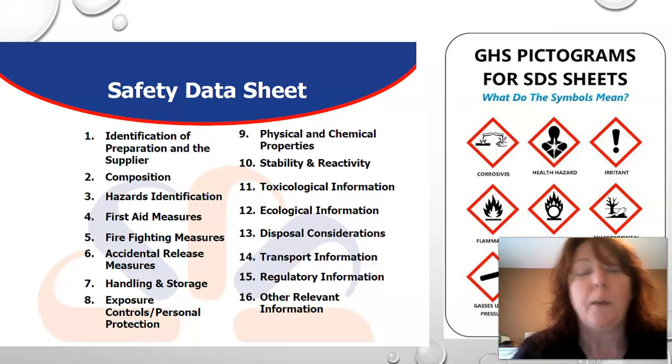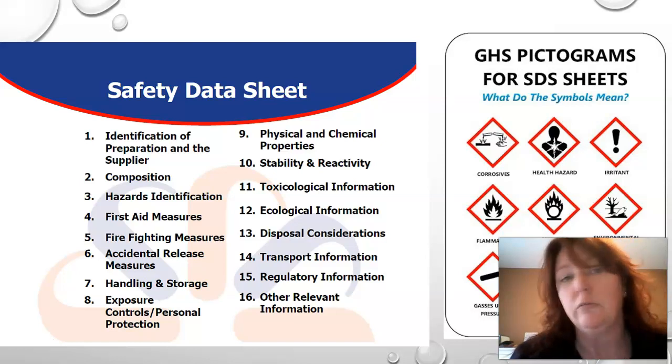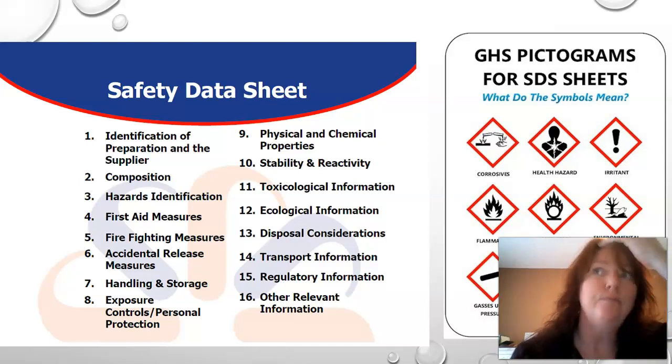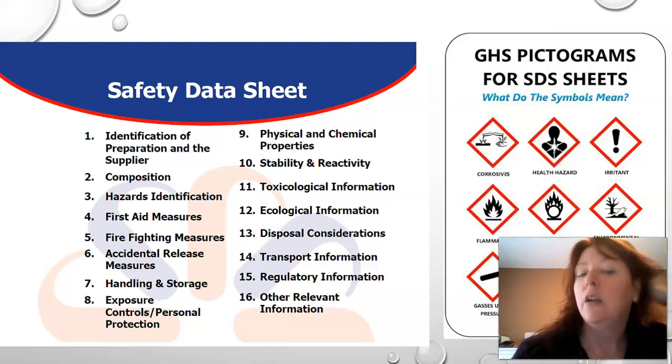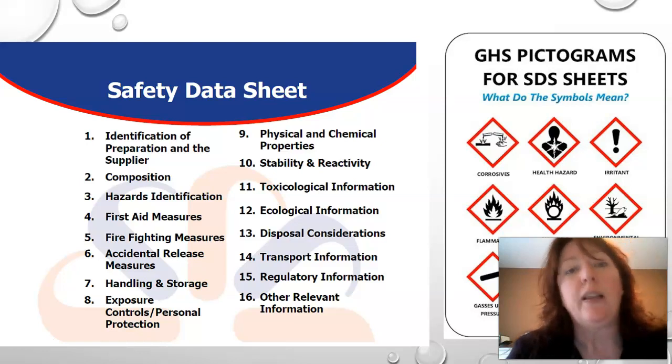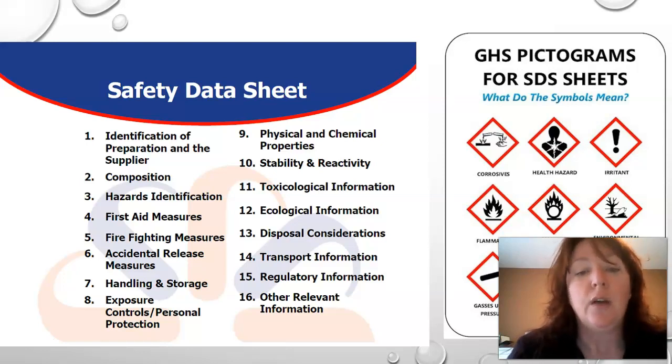Physical and chemical properties, meaning what the actual substance is. Is it a liquid? Is it a vapor? Is it a gas? Is it a solid? And what chemicals are in there to make it that way? Stability and reactivity, meaning is it stable, or is it something that if it's shaken the wrong way can be explosive, or if it's in a heated room, will it explode?